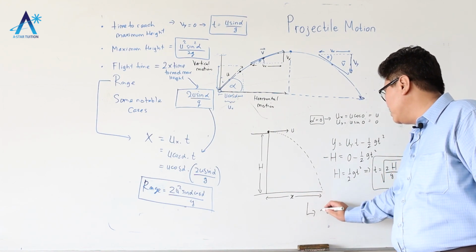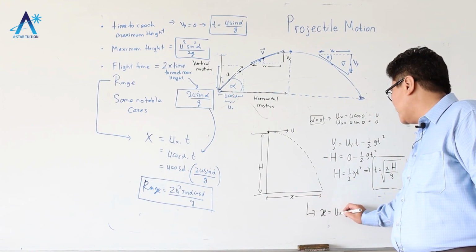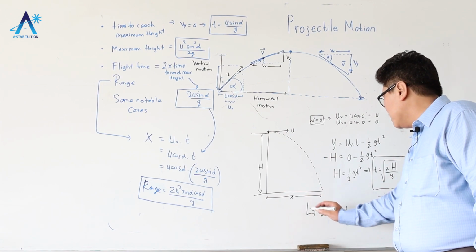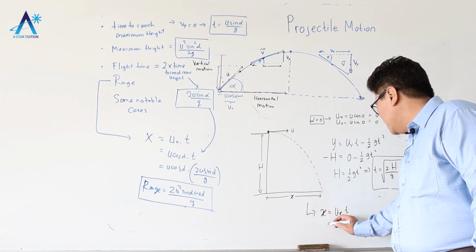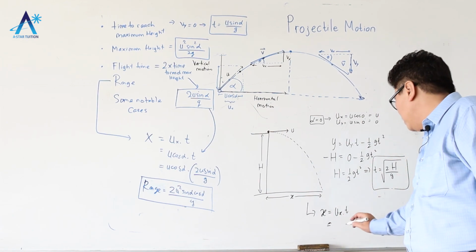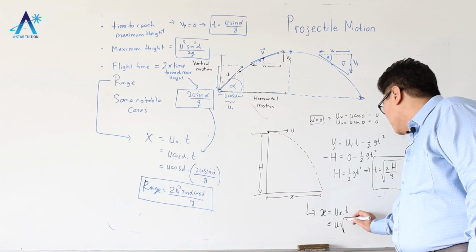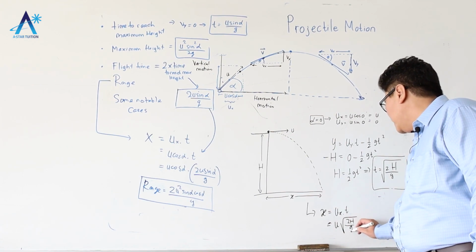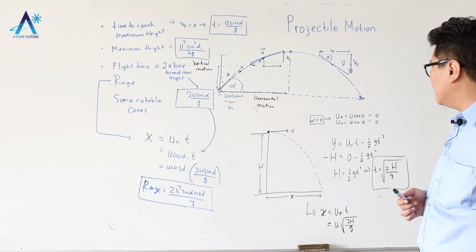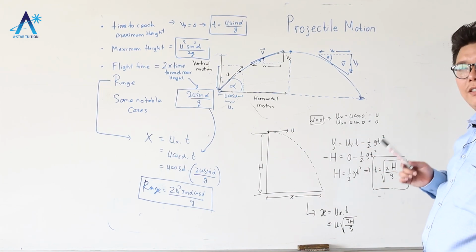So x would be ux times t, and ux is equal to u in this case. So x equals u times the square root of 2h over g. So this is one notable case, in which alpha is 0.